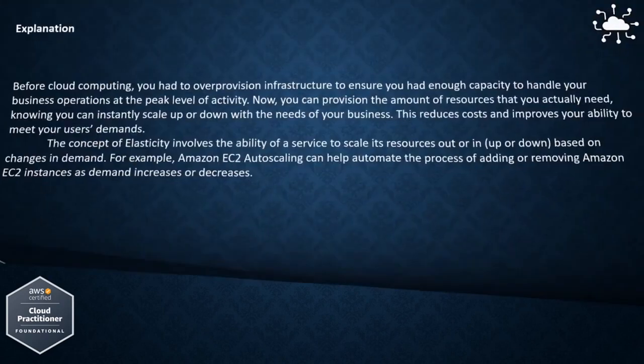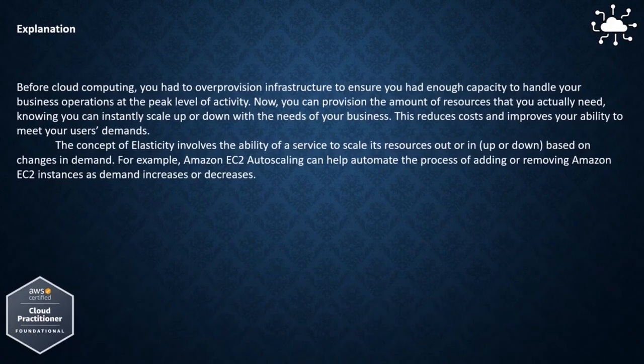Explanation. Before cloud computing, you had to over-provision infrastructure to ensure you had enough capacity to handle your business operations at the peak level of activity. Now, you can provision the amount of resources that you actually need, knowing you can instantly scale up or down with the needs of your business.